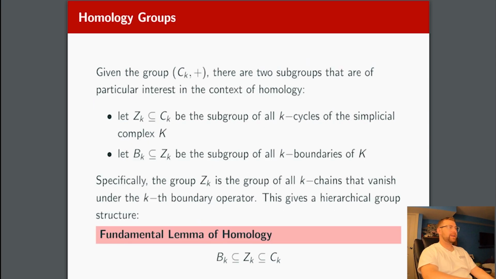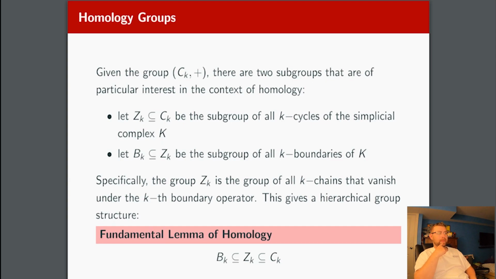It makes things convenient. So given this group C_k, the group of all k chains, there are two other subgroups of particular interest. We can look at the subgroup of all k cycles, and we call this Z_k. Remember, the one cycle was just homotopic to a circle.